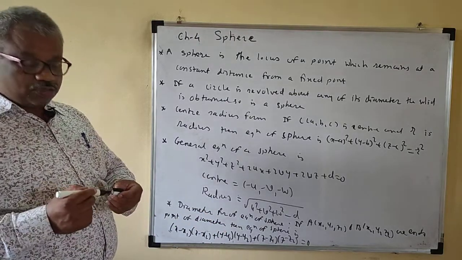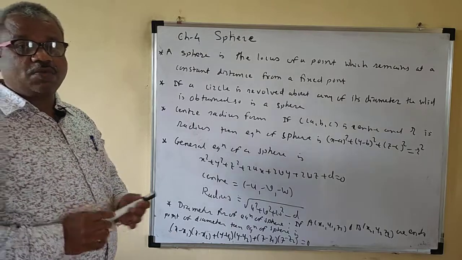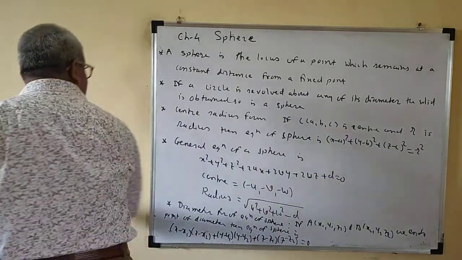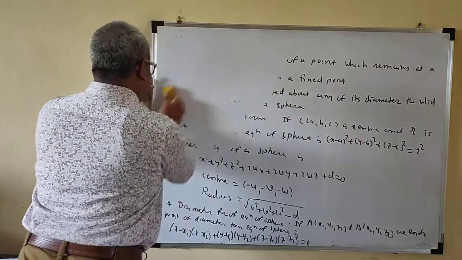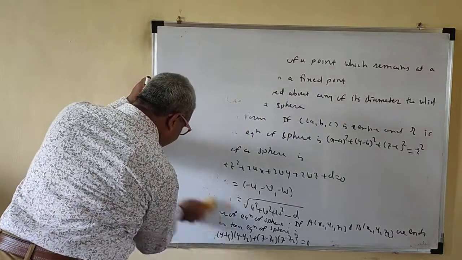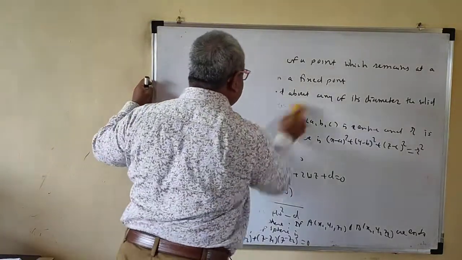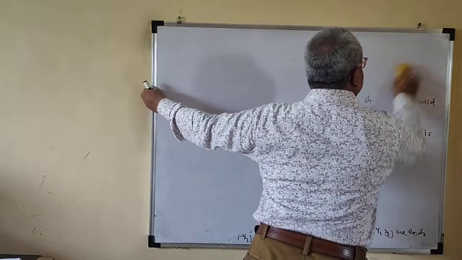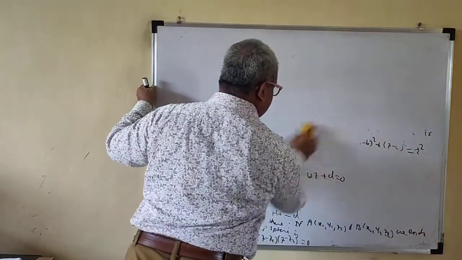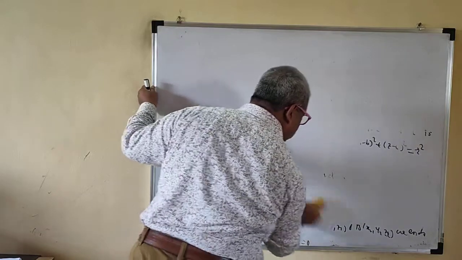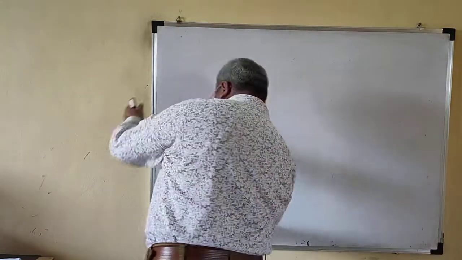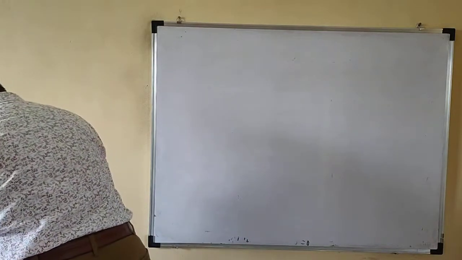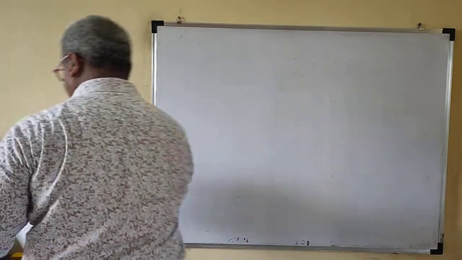It is called the diameter form of the equation of the sphere. We will do some problems on it now.